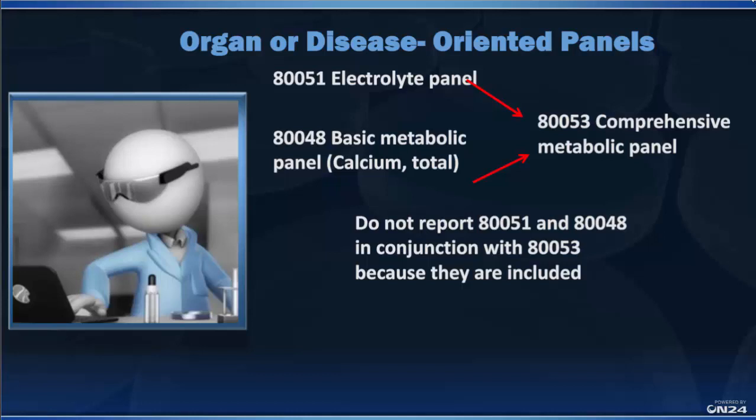For instance, all the orders in 80051 are included in 80053. And all the orders that are in 80048 are also included in 80053. If you put those two panels together, 80051 and 80048, you will get 80053. So all you would need to do is report 80053.